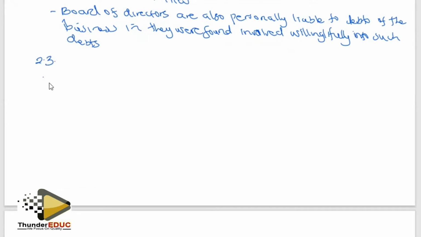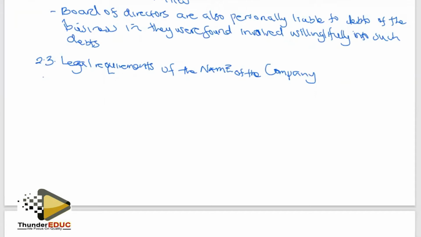The question says, discuss the legal requirements of the name of the company. Legal requirements of the name of the company. This is very important.